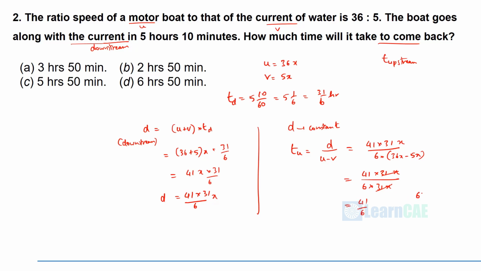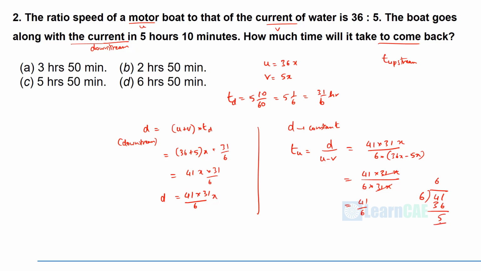So we shall calculate this. We shall divide 41 by 6. 6 6s are 36.